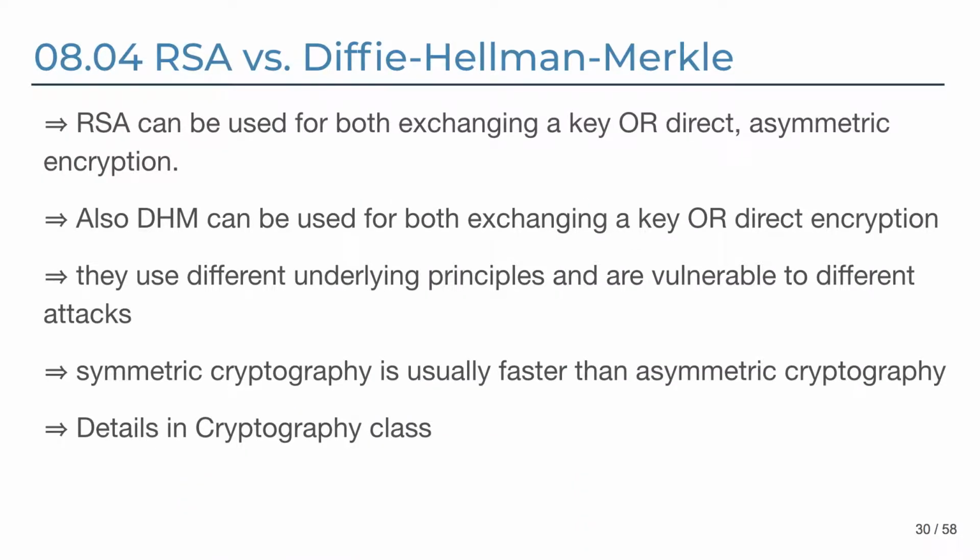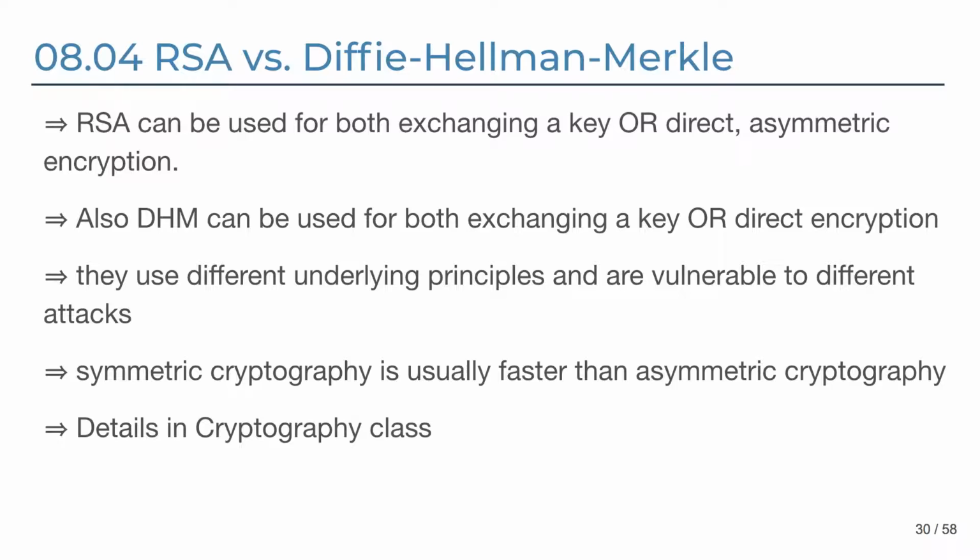So as I said, both can be used to exchange a key or perform direct encryption of the messages. But they have different underlying principles and are vulnerable to different attacks. There's also always this general notion that whatever technology you use, there's a trade-off between speed and applicability.